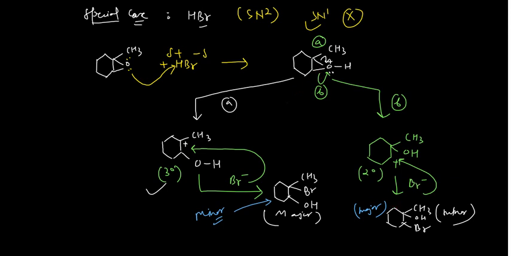So whenever you see HBr in the epoxide opening, you will follow the SN2 mechanism, and you will have the products in the opposite manner, like major becomes minor and minor becomes major. So these are certain things which you have to keep in mind.